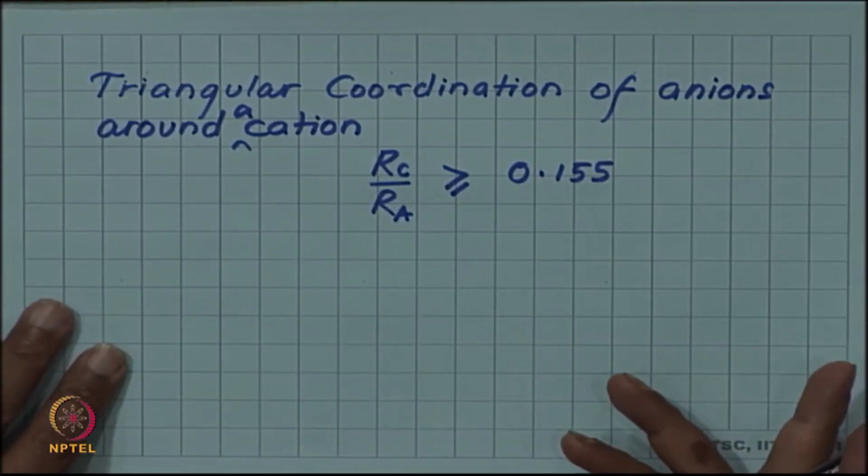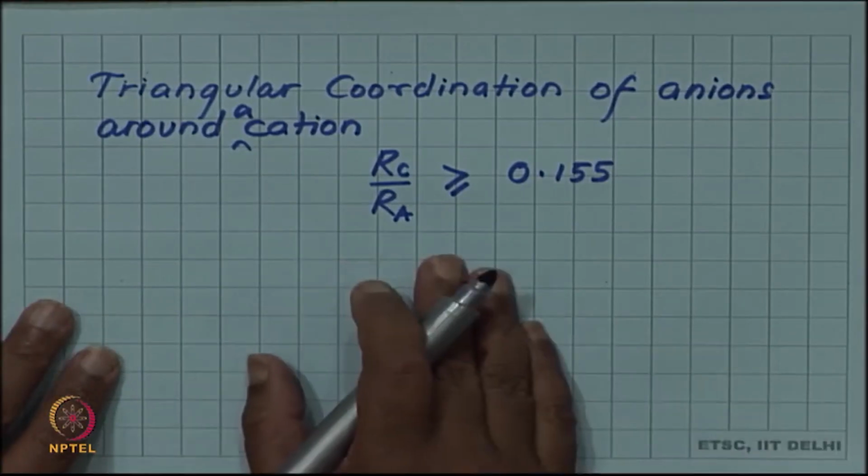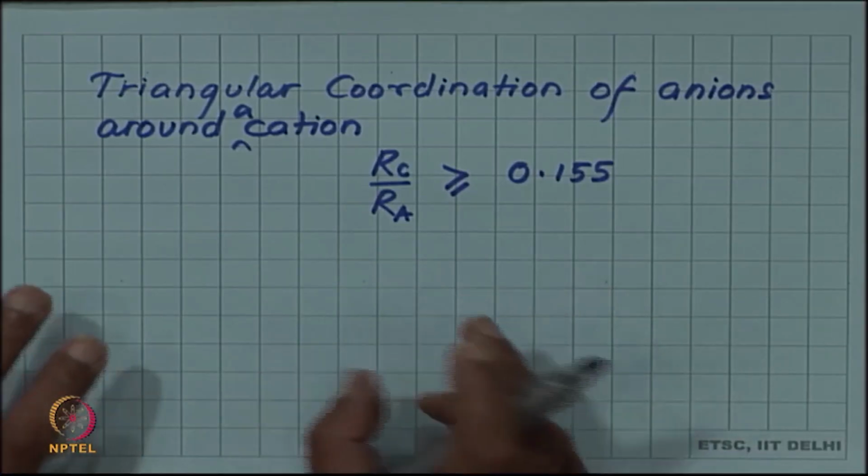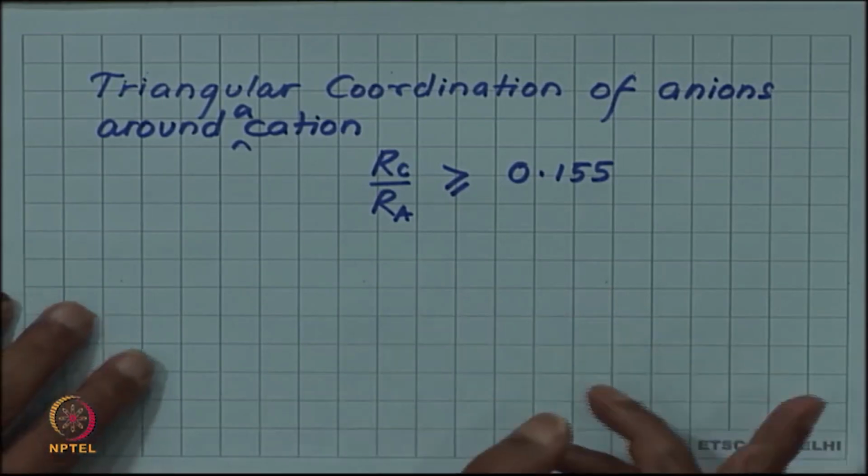What will happen if the radius ratio is less than this? Then the triangular coordination is not stable. So maybe you will have a linear molecule.